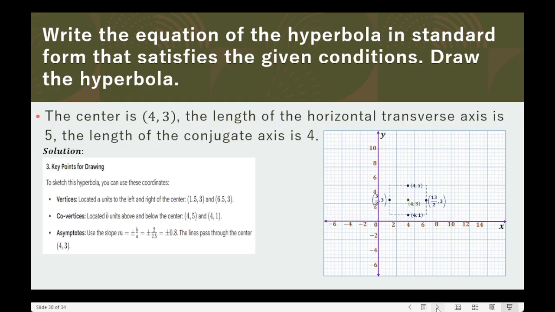Then draw the auxiliary rectangle and the asymptotes, or the two diagonals passing through the corners of this broken line rectangle. Then you draw the curve from the vertex. And again, make sure that the curve will not touch the asymptote. So that this is your graph. Next.